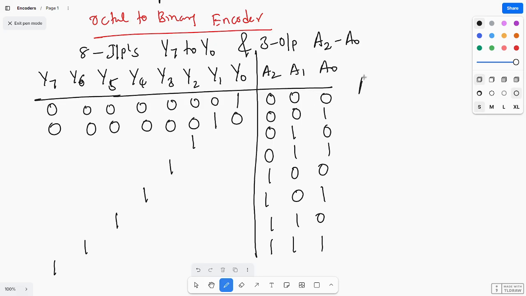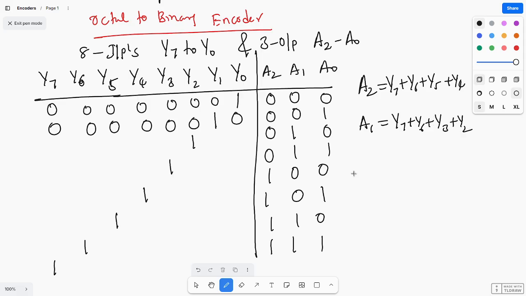So a2 equals y7 plus y6 plus y5 plus y4. Next, a1 equals y7 plus y6 plus y3 plus y2.